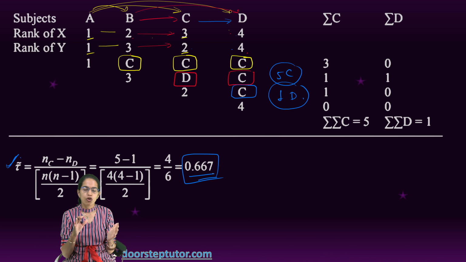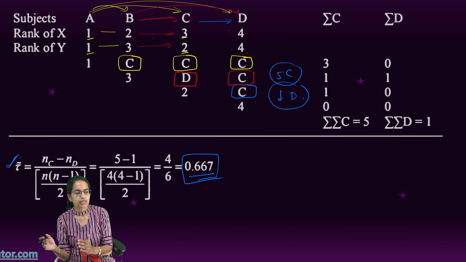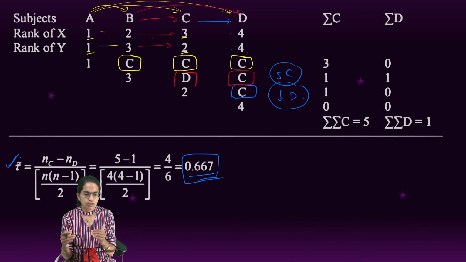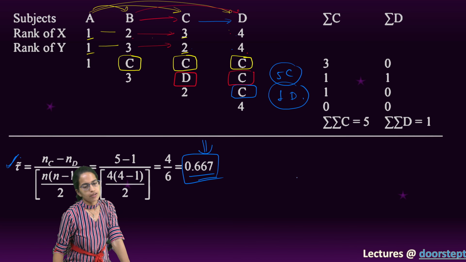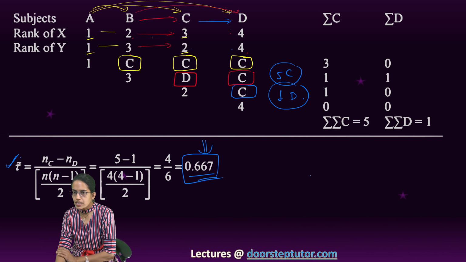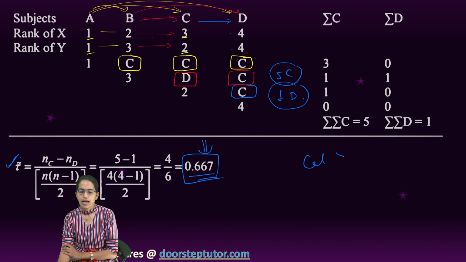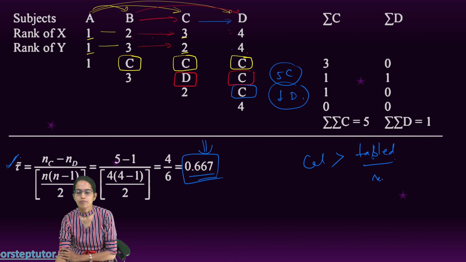Then the Kendall's Tau formula is very simple: number of concordant pairs minus number of discordant pairs divided by n into n minus 1 divided by 2. Now whatever correlation I get through any of the methods, I check it against the table data, and if my calculated value turns out to be greater than the tabled value, then I reject the null hypothesis.